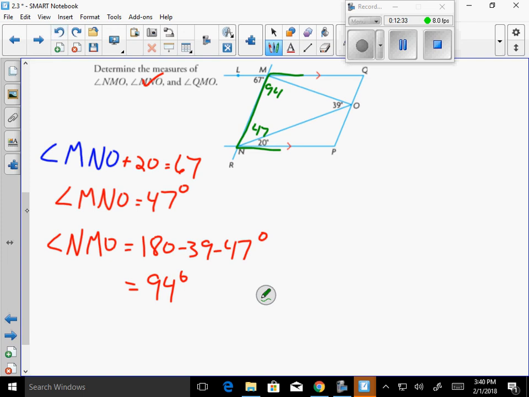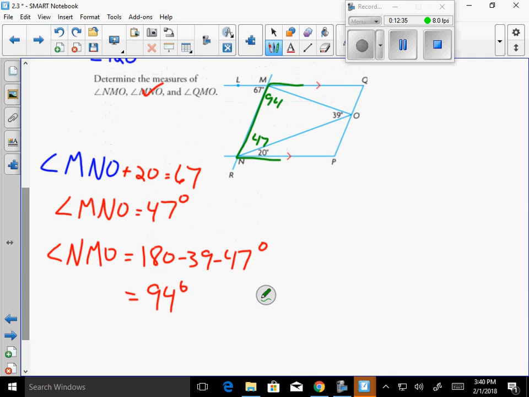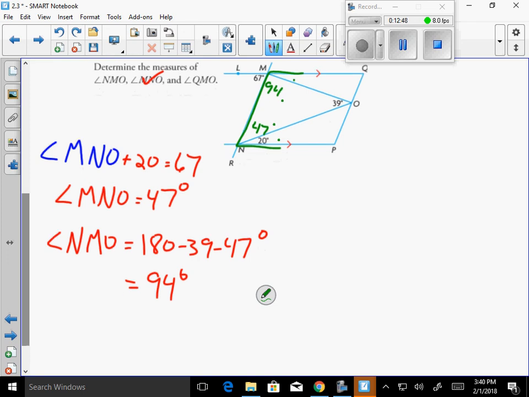So what I could say here is 180 is going to equal this angle plus this angle plus this angle plus angle QMO. So I'll say that 180 degrees equals 94 plus 47 plus 20 plus QMO. So if I want, I can add this all up and solve for QMO.